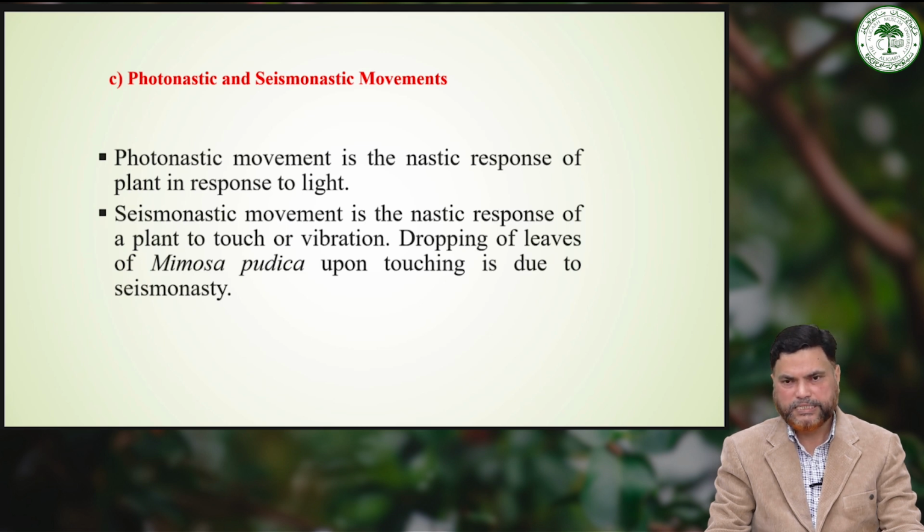So, what happens? These changes in turgor pressure lead to contraction and expansion of the cells in different regions, namely the extensor and flexor of the motor organs.